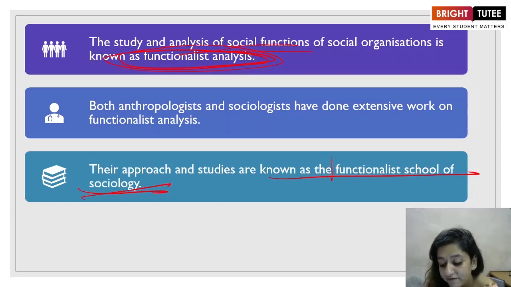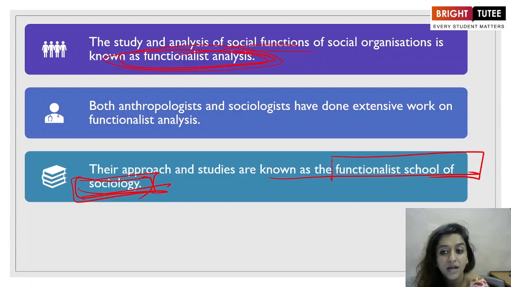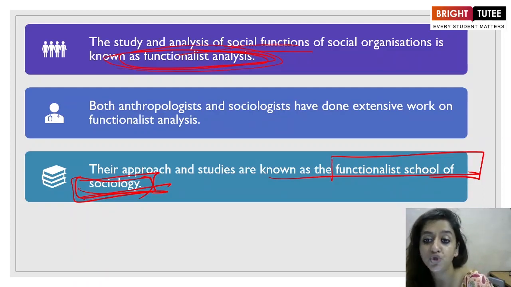This is one very important thing for us to understand and remember, because there are a lot of times ahead wherein we talk about the functionalist approach or the functionalist school of sociology.